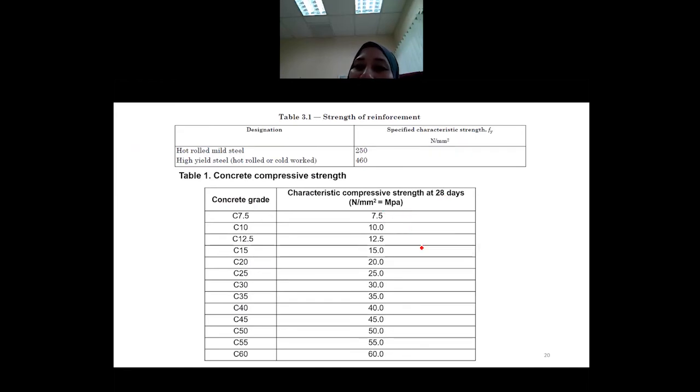7.5, 10 ni semua kita panggil dia FCU. Okay, so bila dia cakap FCU equal to 15 Newton over mm square, maksudnya 15 this one lah. Okay, so FCU adalah symbol for concrete strength. Okay, FY for steel strength.